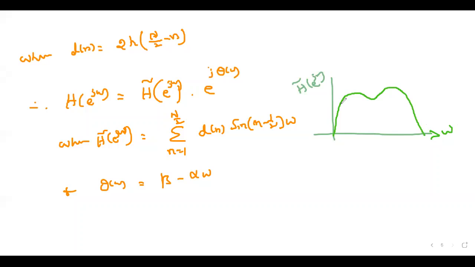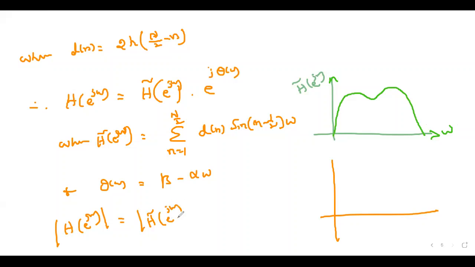This is the non-zero phase frequency response. And when you do the same thing for the magnitude response, because the magnitude response of this is equal to the magnitude response of this, right? That means if there is any negative portion in the h cap of e power j omega, it will be converted into positive only.